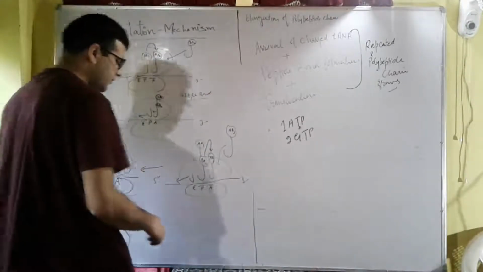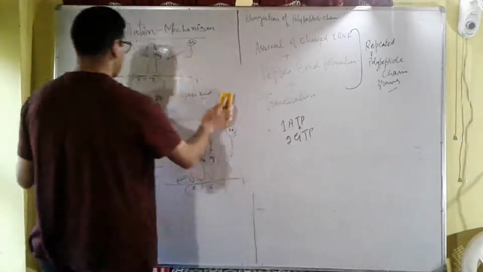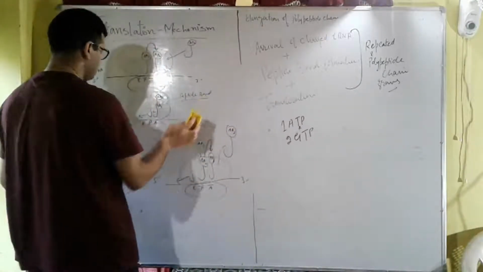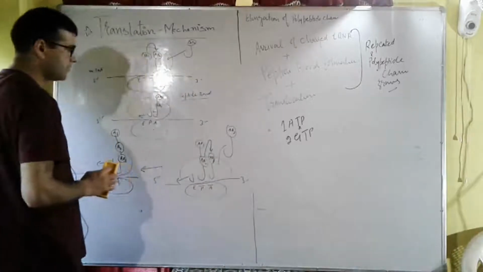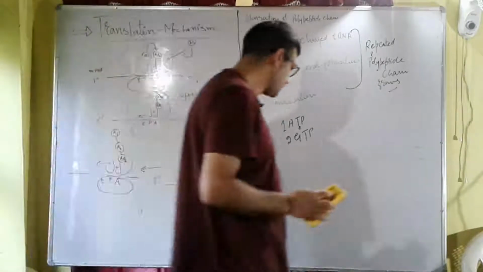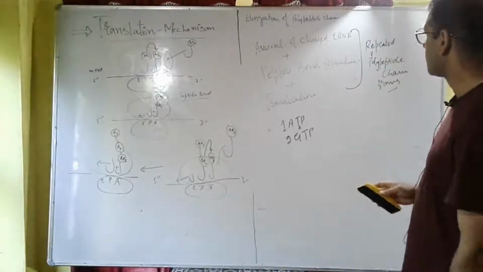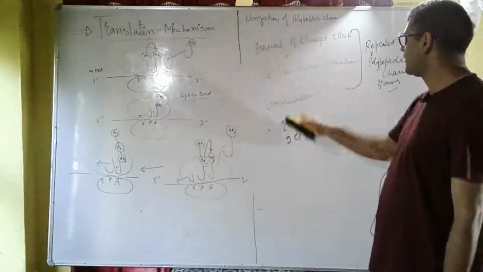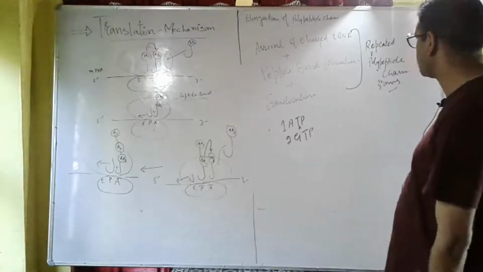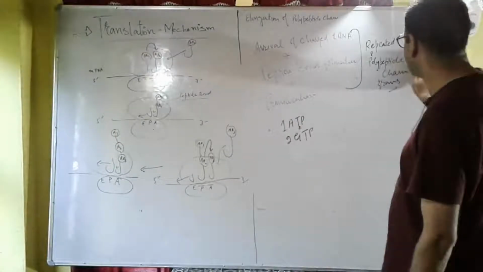Then we have got the last one, that is termination and release of polypeptide chain. So arrival of charged tRNA, peptide bond formation and translocation are repeated and the polypeptide chain grows.